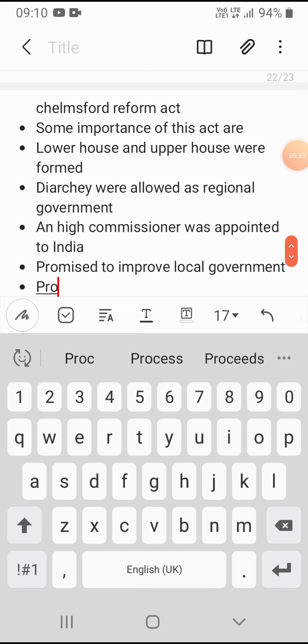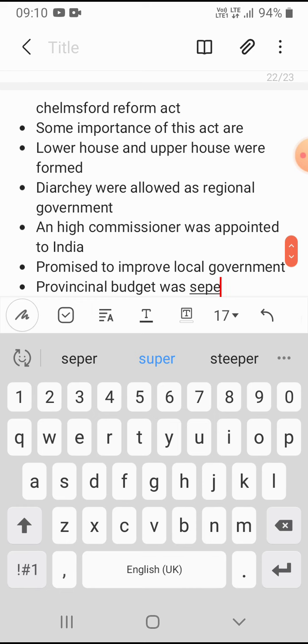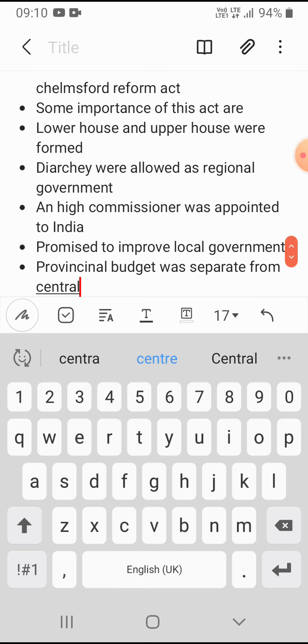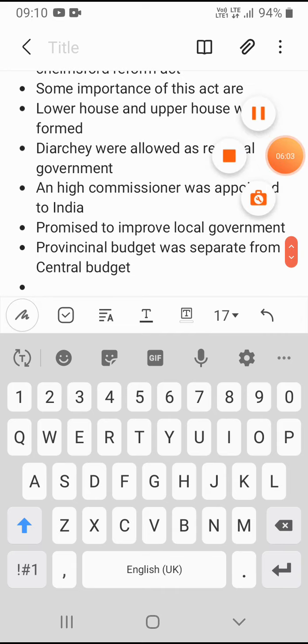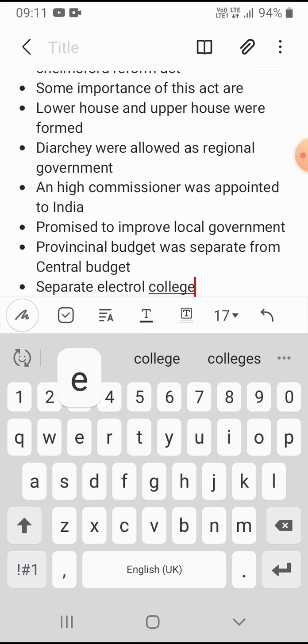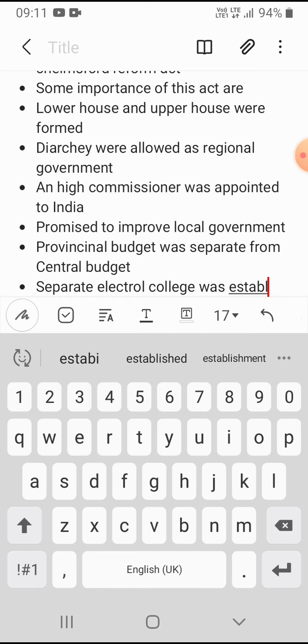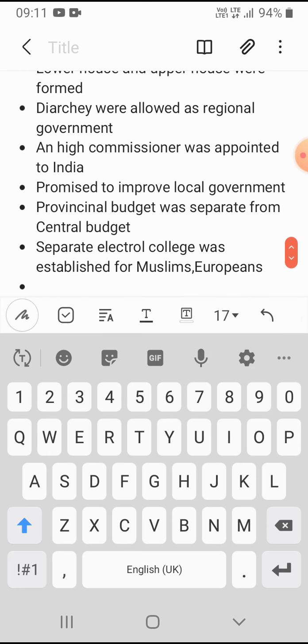The provincial budget was separated from the central budget, so the budget given from the center is separate from the provincial budget. A separate electoral college, as you know, was established for Muslims and Europeans. So this was about this Government Act.